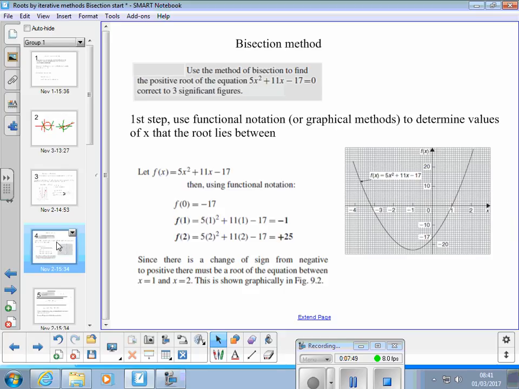The function, when x is 0, we get minus, and up here somewhere.